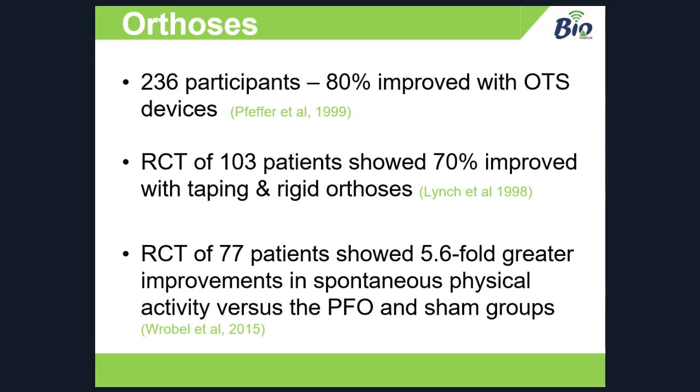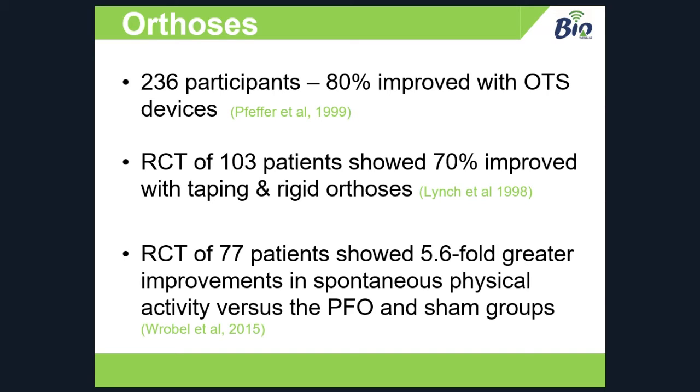Now, after 3 months of treatment, they found that 70% of participants in the mechanical treatment group, so the ones with the taping and the custom orthoses, rated their outcomes as excellent or fair, compared to the anti-inflammatory and accommodative treatment groups. So these are just 2 papers, but like I said, there's lots and lots more that you could pull out.